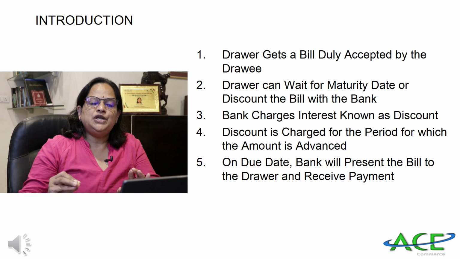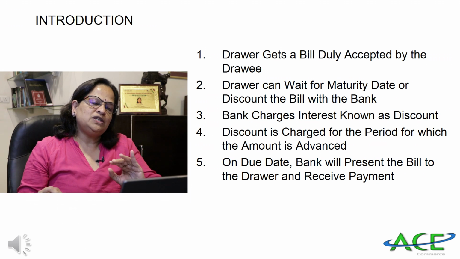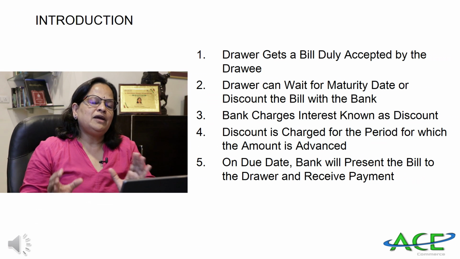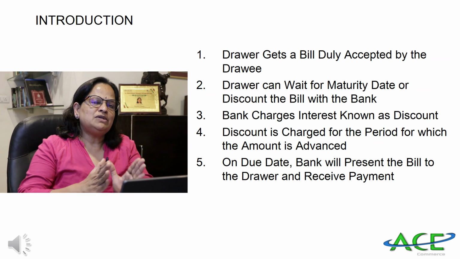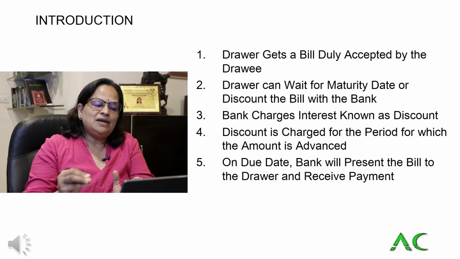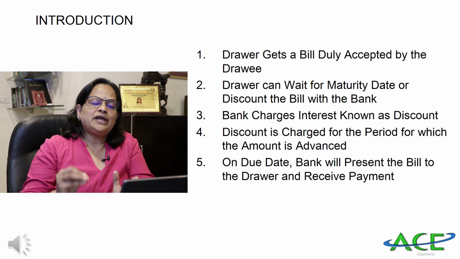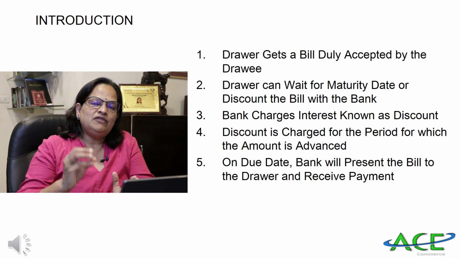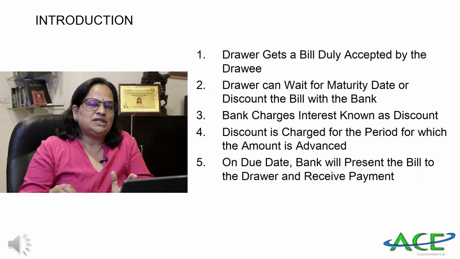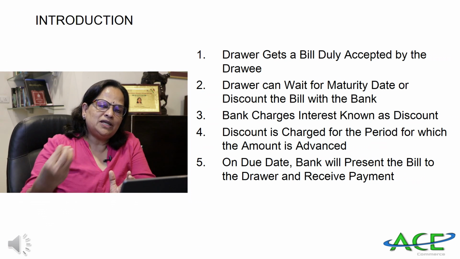Drawer gets a bill duly accepted by the drawee. So this concept we have explained. In the credit transaction, drawer, drawee. So we have 2 examples, Ram as drawer and Sham as drawee. So they are getting a bill. And then drawer can wait for the maturity date or discount the bill with the bank. So if the bill is due for 3 months, Ram will not wait for 3 months because he may have to do other transactions.